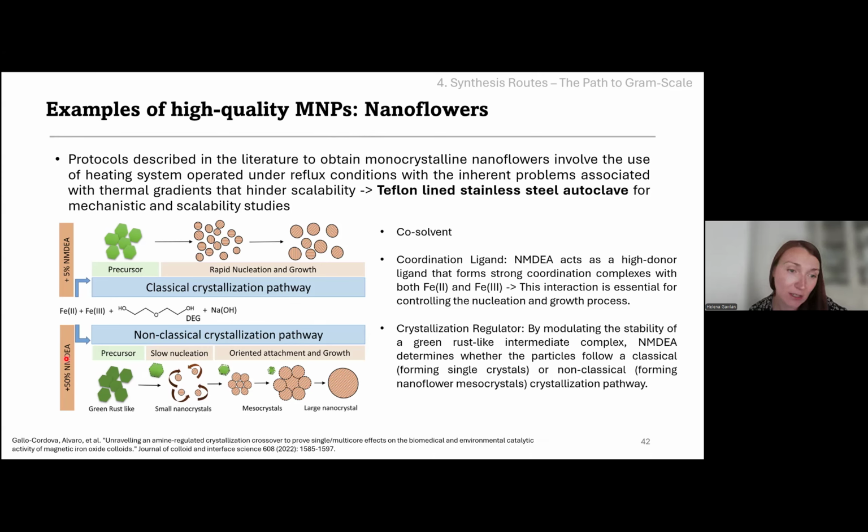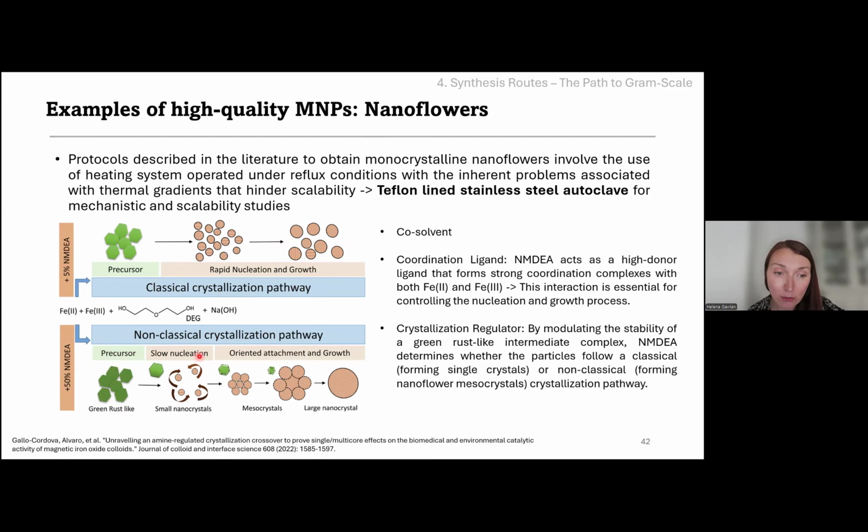So based on the concentration of this amine, we will pass from a classical crystallization pathway in which single core crystals will grow to a non-classical crystallization pathway in which we stabilize the precursor, a green rust-like precursor.